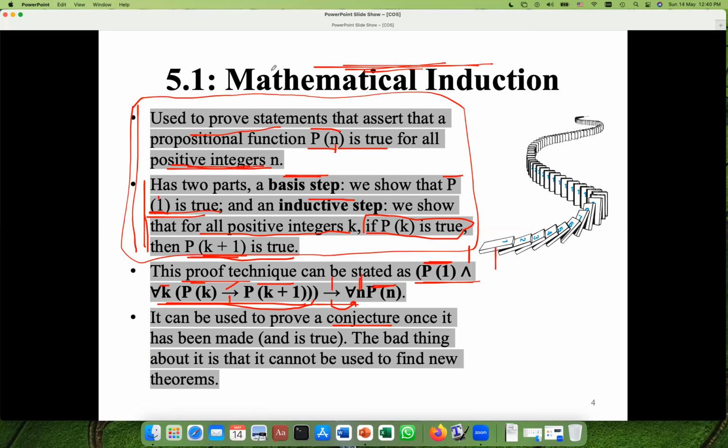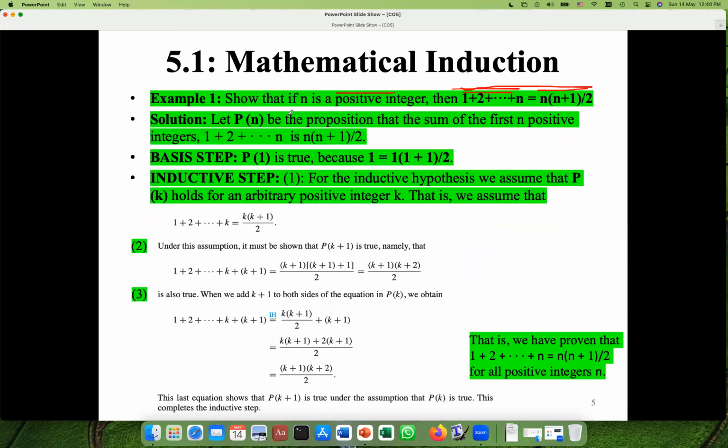So now show that if n is a positive integer, then 1 plus 2 plus and so on plus n is equal to n into n plus 1 divided by 2. You have to show that this equation is true for all positive integers.